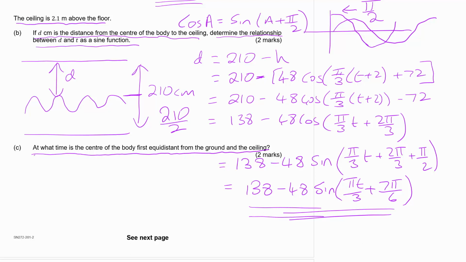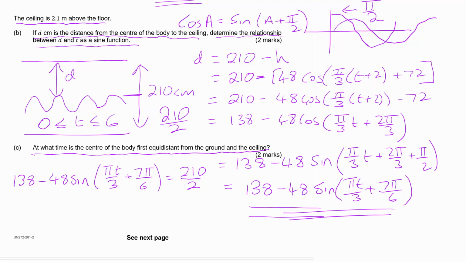So what we want to do is solve 138 take away 48 sine(pi t over 3 plus 7 pi by 6) equal to 210 divided by 2. Now that's going to give me an infinite number of solutions, but we know that the period is 6. So I'm going to restrict it to t times between 0 and 6.